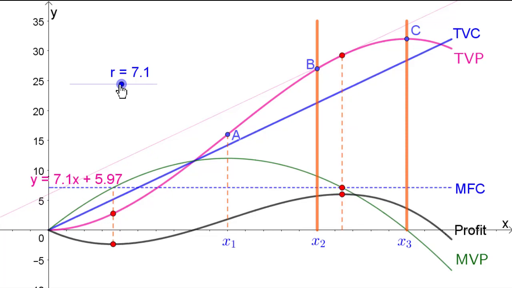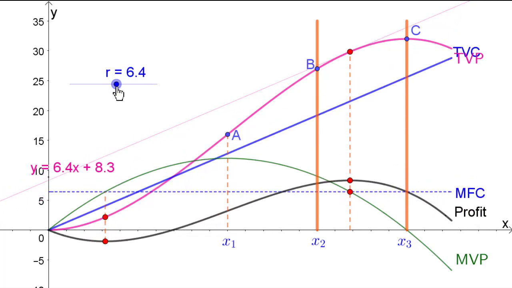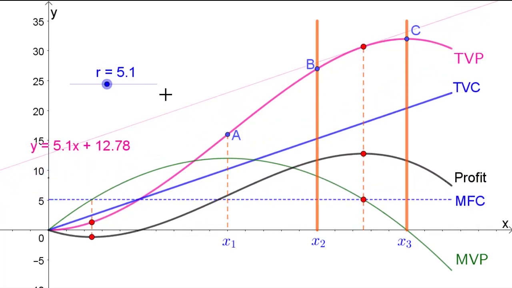If I'm changing my input use, you will notice that the point where the profit is maximized is always a point where MVP and MFC intersect. So MVP equals MFC is always satisfied whenever we have profit maximization.